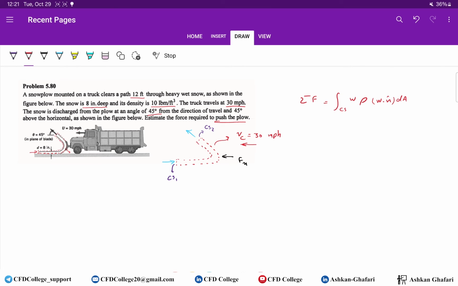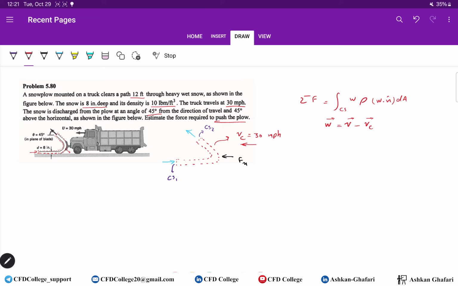That's why you don't see the transient term. And know that W is relative velocity, which is W equals V minus velocity of control volume, and these are vectors.